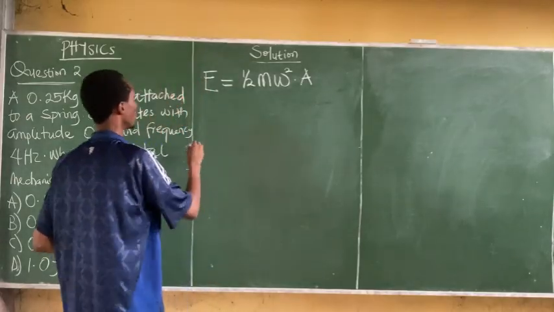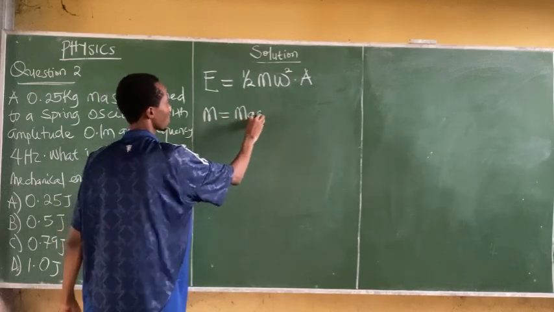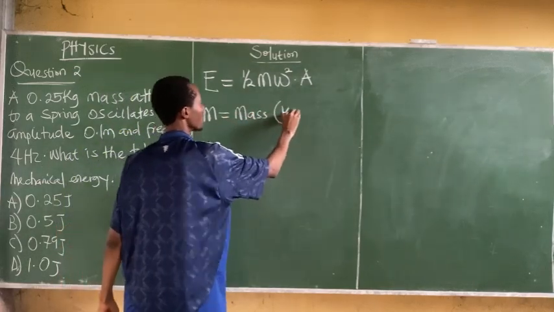So we have m is equal to mass, and don't forget mass in kg.